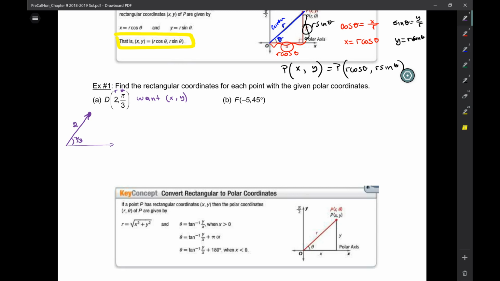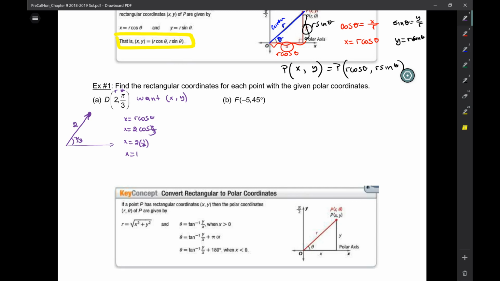So let's now convert this. x is r cosine theta. So this is 2 cosine pi over 3. We know what cosine pi over 3 is, don't we? It's 1/2. So x is 1.